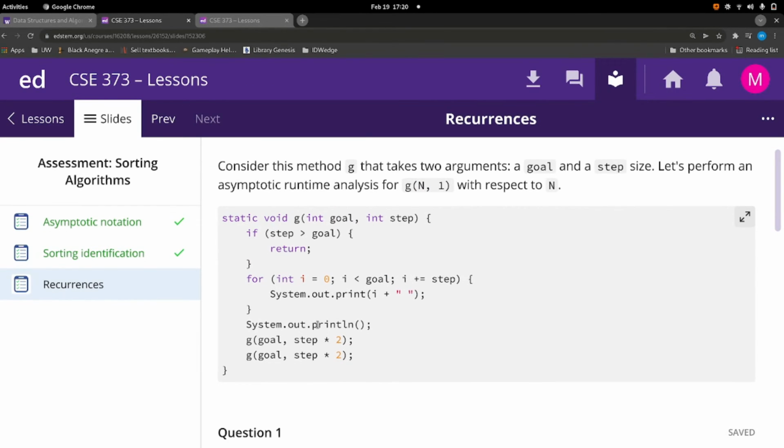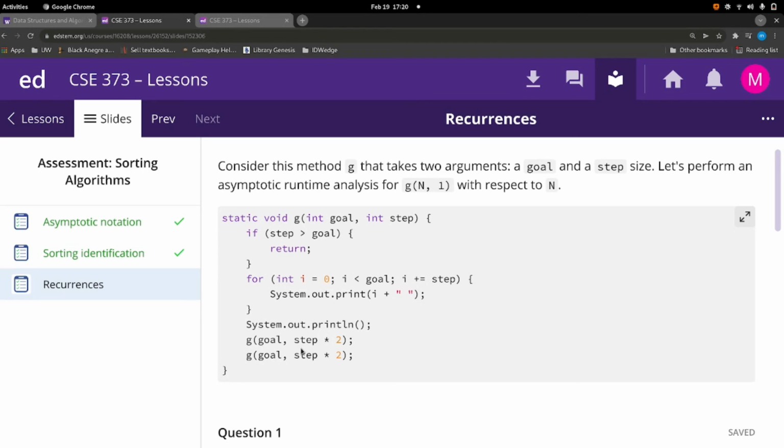And then this is the way that the recursion works. Now you have the same goal, but you're multiplying the step size by 2. So that means instead of going by 1, now you're going by 2. And after that, instead of going by 2, you're going by 4.